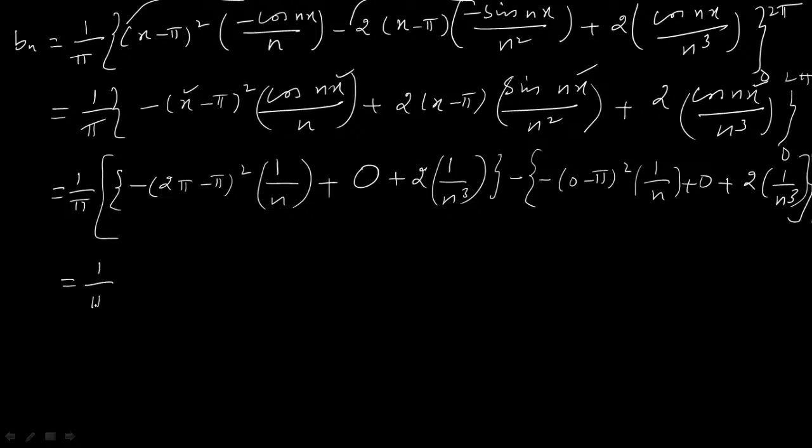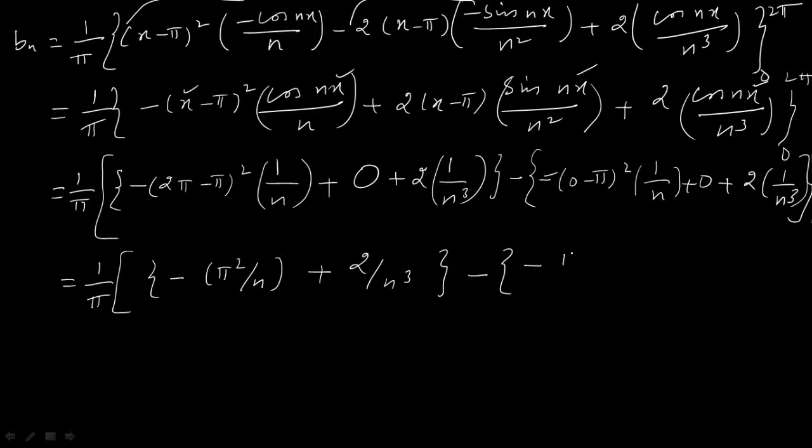So this is equal to 1 by pi. Let us simplify this. So minus of 2 pi minus pi is pi itself, so you get pi square divided by n plus 2 by n cube, minus, coming to the lower limit, here you have pi square, so plus pi square, but before that you have a minus term, so minus pi square divided by n plus 2 by n cube.